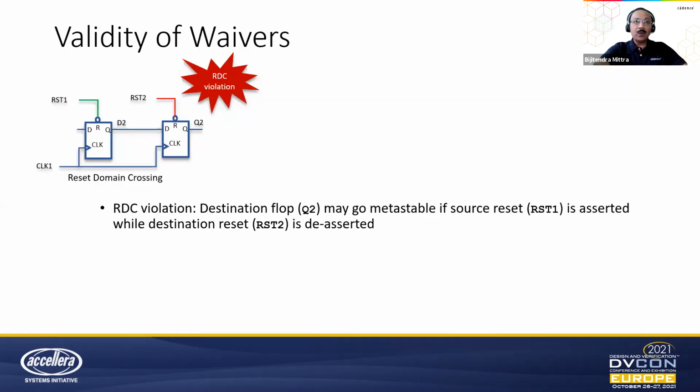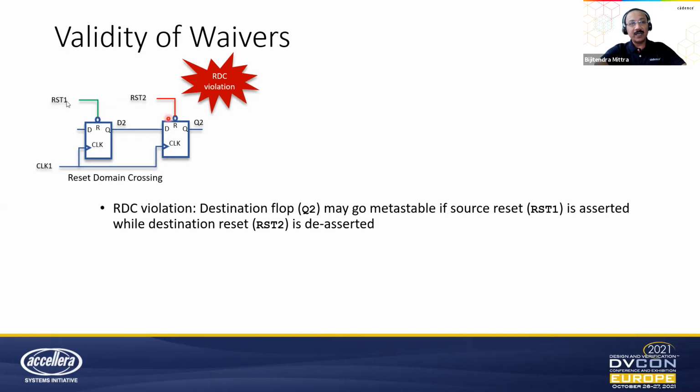Now, let's look at validity of waivers. This is a classic example of an RDC violation where there are a couple of flops which are connected back to back with the same clock connected to them, but there are different asynchronous resets driving them.